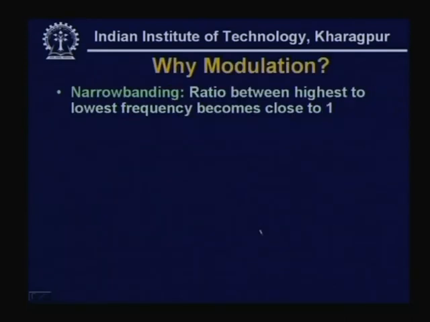What are the other benefits? Another important benefit of this modulation is narrow banding. Suppose you are trying to send a high fidelity audio frequency range, which has a frequency range of 20 hertz to 20 kilohertz.